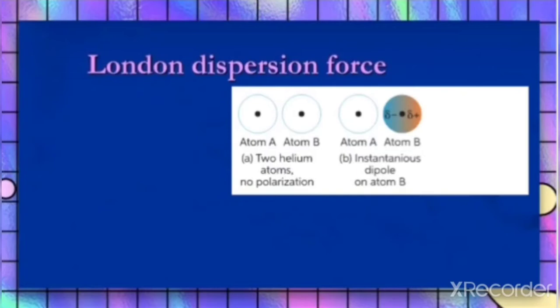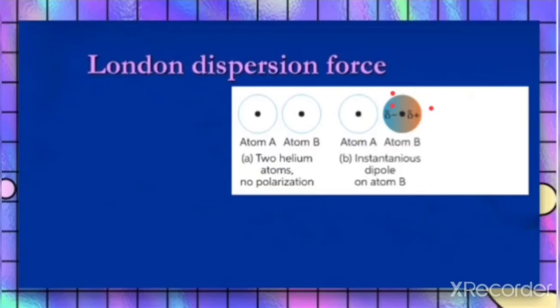Like here, in B, you can see the electron cloud is, for an instant, more at one end. So that end is represented here as partial negative, and the other end will automatically be partial positive. That is for an instant.